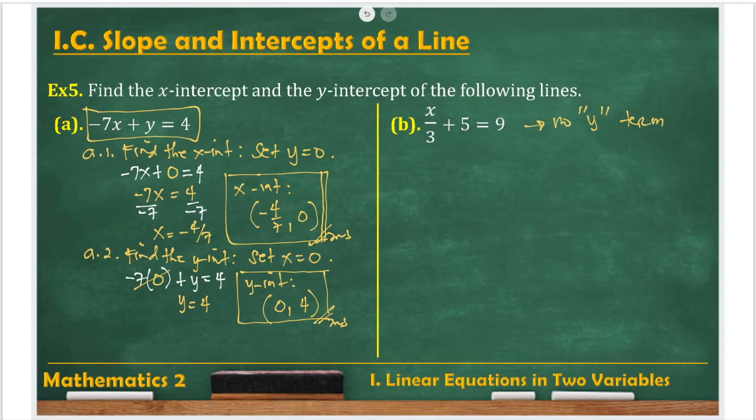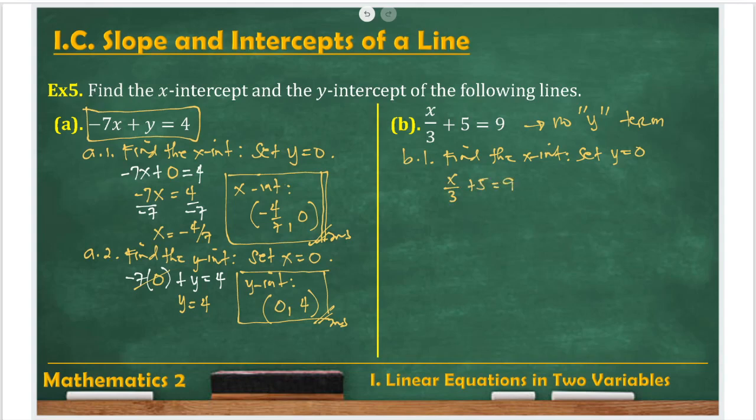So let's see kung ano yung makukuha natin mga intercepts. If we're going to start with the x-intercept, again, we set the value of y to 0. But in our given, since wala naman siyang variable y, then we simply have the same equation, which is x over 3 plus 5 is equal to 9.